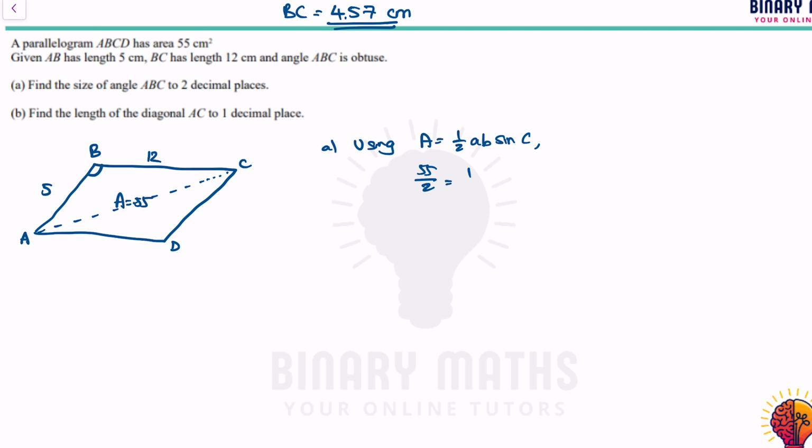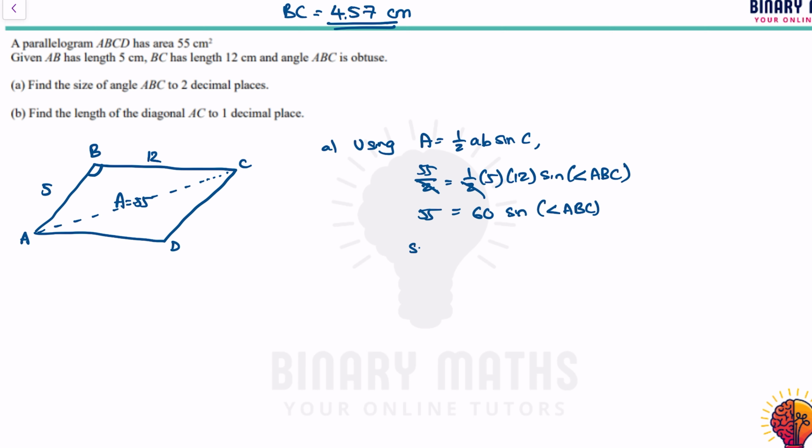must be equal to half times 5 times 12 times sine of angle ABC. Okay, so I've got 55/2. So I've got a 2 then over 2 there, so I can cancel that out. So I get 55 must be equal to 12 times 5, which is 60, sine of angle ABC.